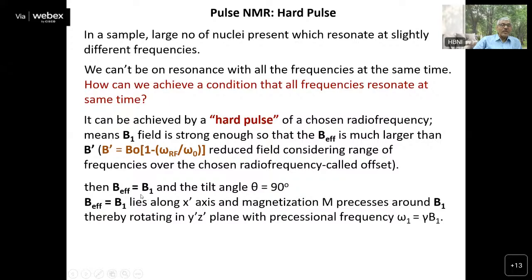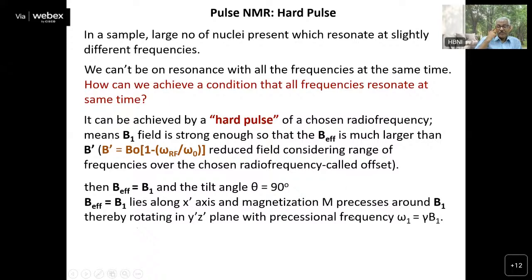If B1 is very large, then B effective will be B1, and the tilt angle will be 90 degrees, so that B1 will be along the x-axis. When you apply this B1 field, the magnetization will rotate in the YZ plane with a precessional frequency of omega 1 equal to gamma B1.